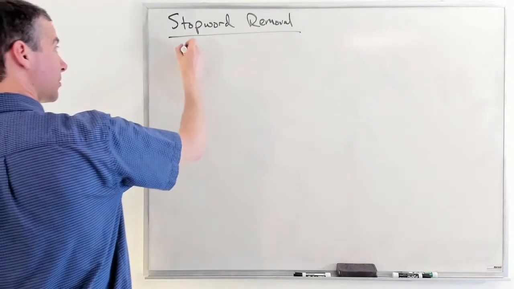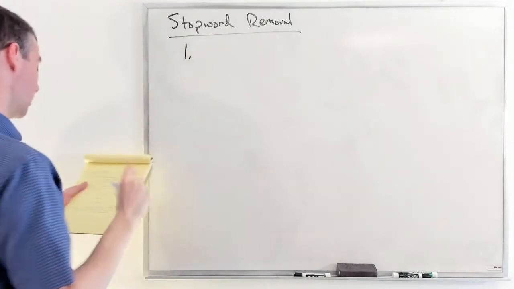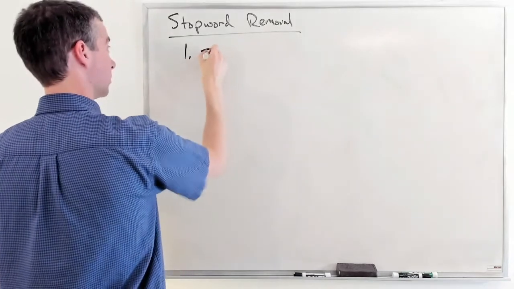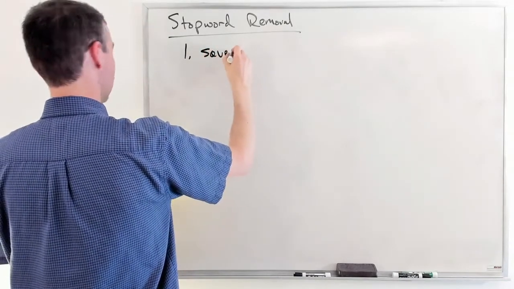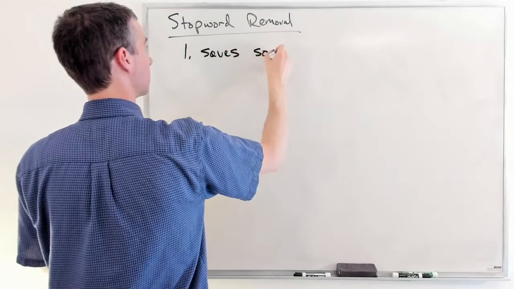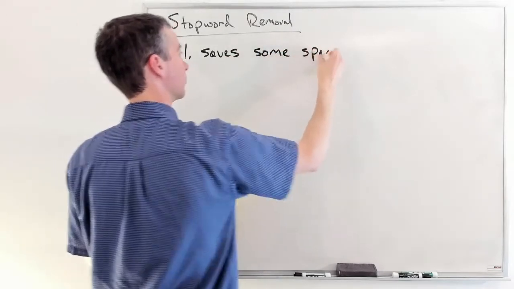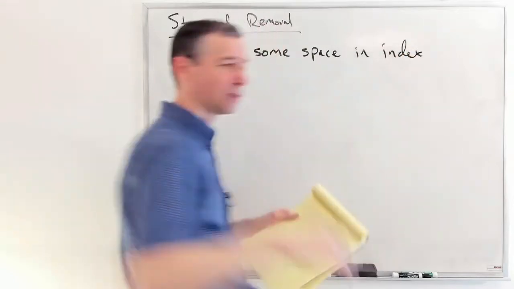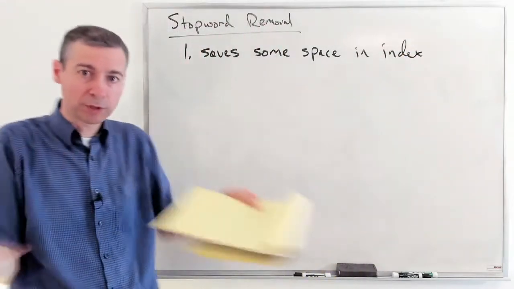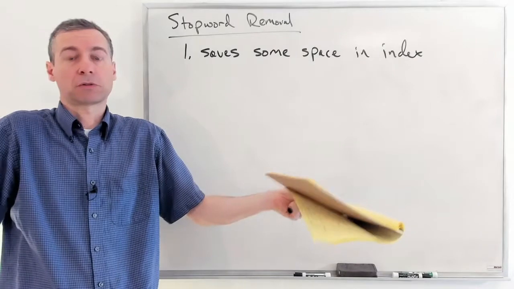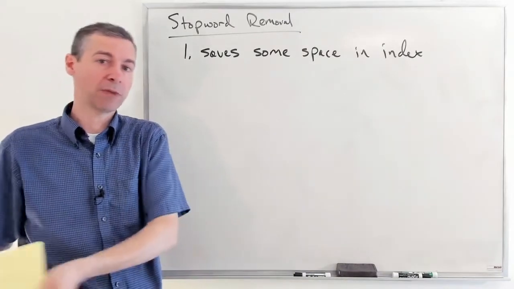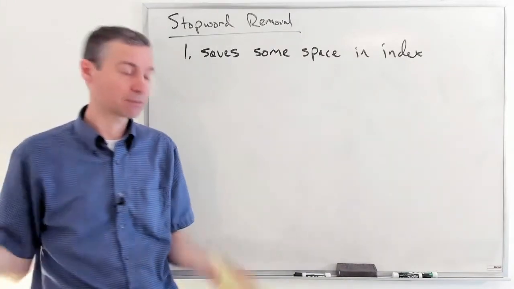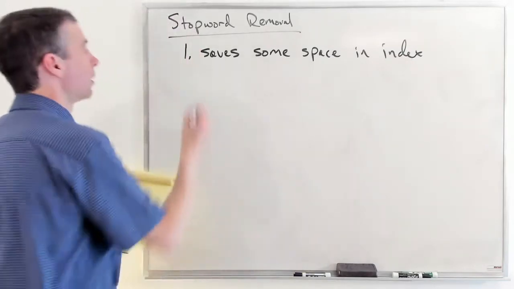What advantages might we have for doing this? Well, it does save some space in the index. If we throw these things away and we don't bother to put them in the index, we're not going to write them out again. That very clearly is going to save some space.